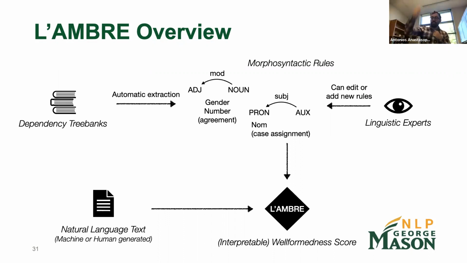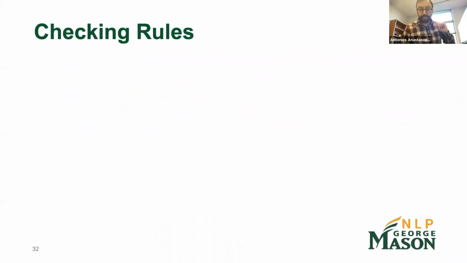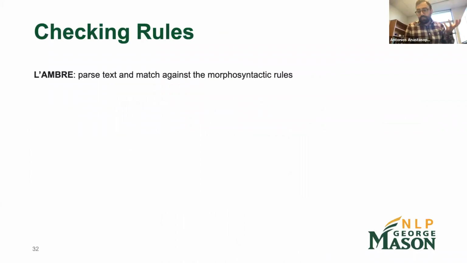That way we can keep updating LAMBRA to actually be correct, because currently we have only the automatic extraction rules for all languages except Greek, Russian, Italian, and Spanish. So basically what we do is, given an output, we parse the text, and then we see if our rules are adhered to.